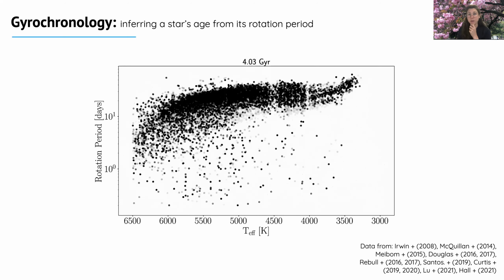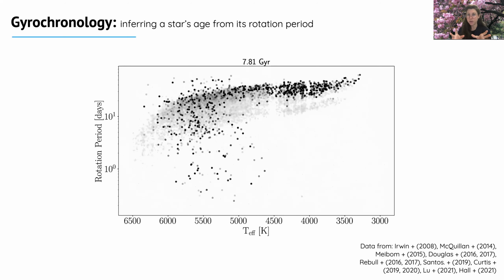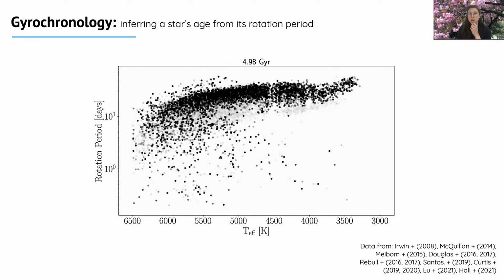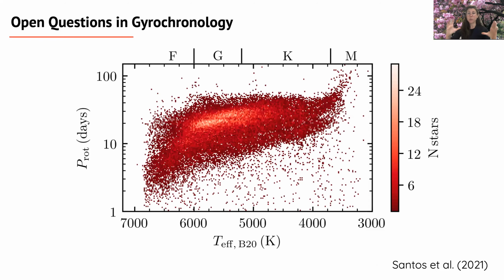So I'm going to go over some areas of gyrochronology where there is still a little bit of a question mark. Open questions in gyrochronology. I'm going to use as a way of pointing these areas out, these open questions, this figure from Santos et al. 2021, which is a new sample of Kepler rotation periods, which expands previous samples.